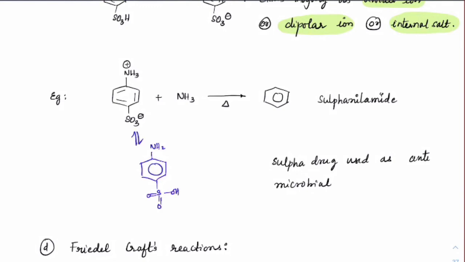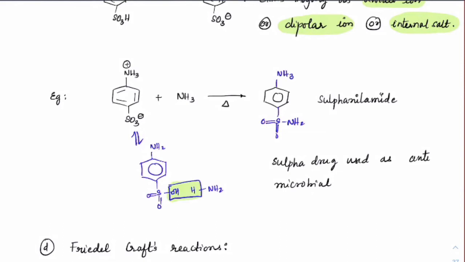Now imagine this hydrogen and NH2: dehydration is taking place, just like esterification. So this H2O is lost here and NH2 gets connected. So what do we have? We have sulfonamide, with double bond O, NH2 and NH2 here.